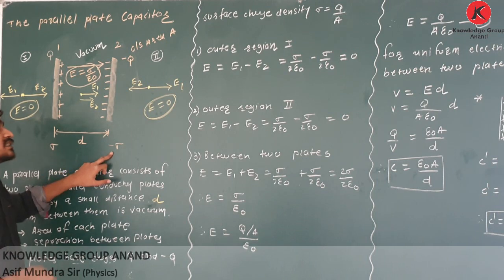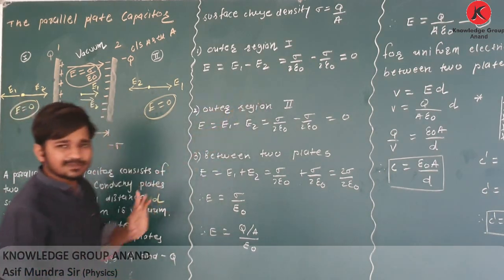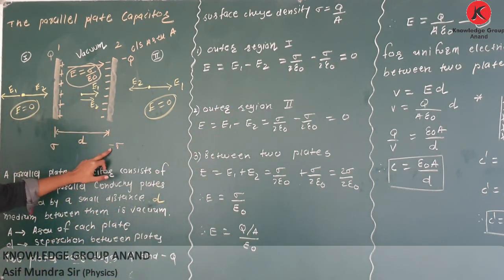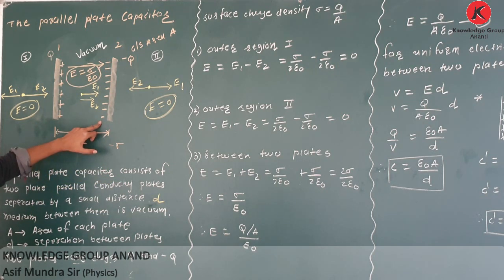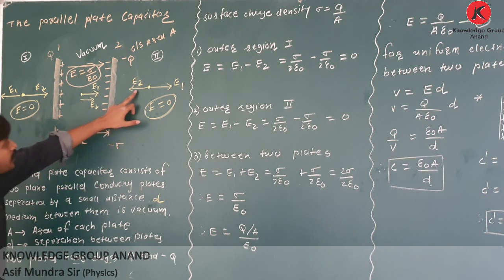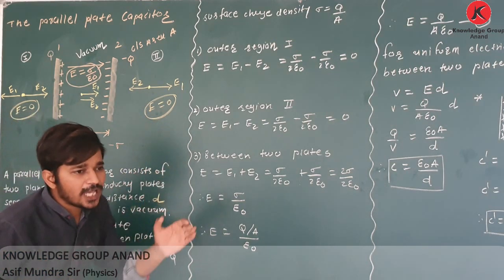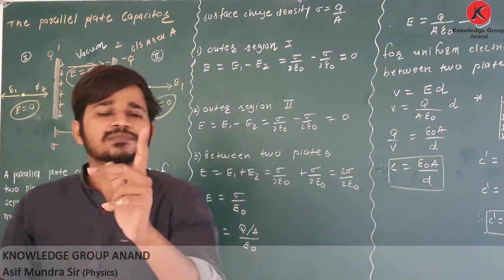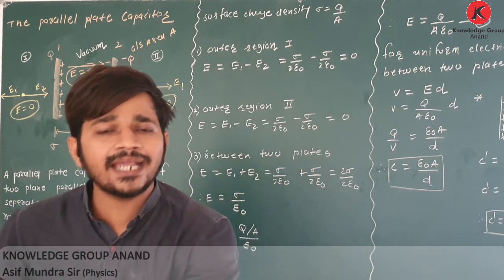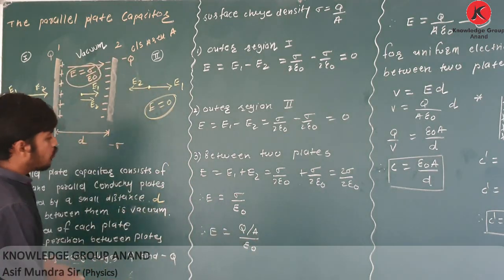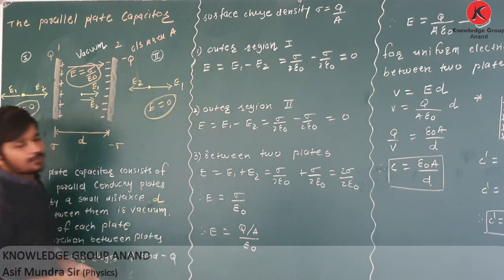So you may ask, sir, why are you not putting the minus sigma sign? Because this minus sign indicates the charge on the plate is negative, and we have already considered its direction. So sigma upon 2 epsilon 0 is the magnitude.